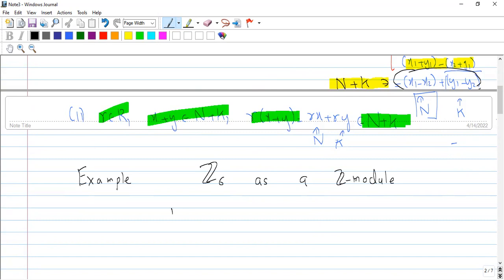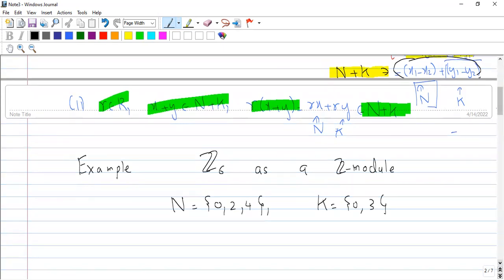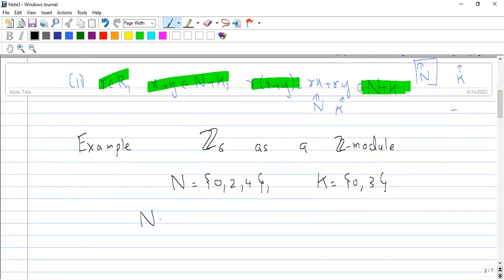Then let's say n is equal to {0, 2, 4}, it is a submodule, and k is equal to {0, 3}, it is a submodule. So you can define n plus k in this way. You can add 0 with any element, so you get 0 plus 0 and 0 plus 3.